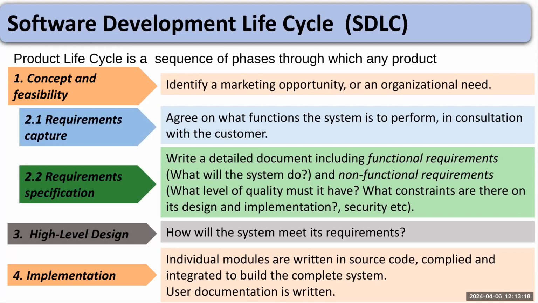For example, what is the downtime? Downtime means if the system fails, in what time, what is the duration to bring the system up? Because it is critical in some software, it is not critical in some software.